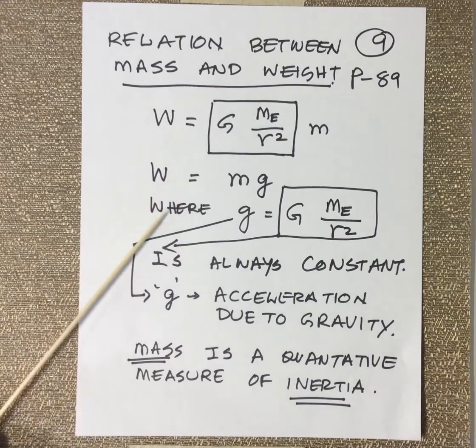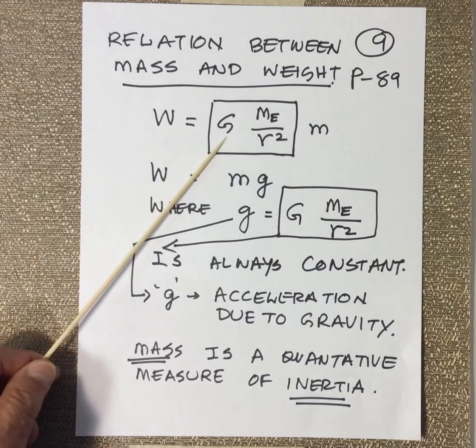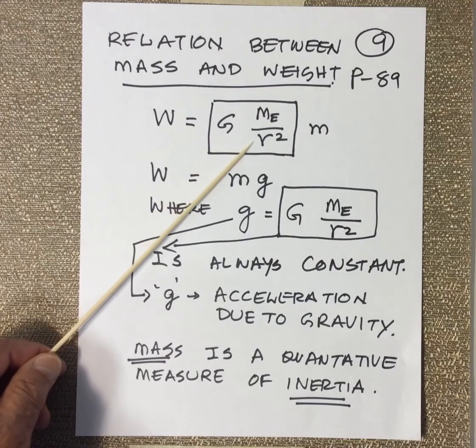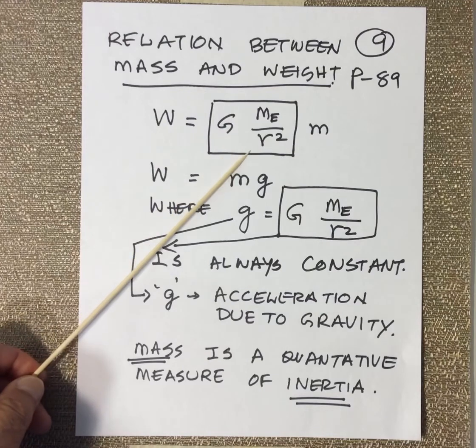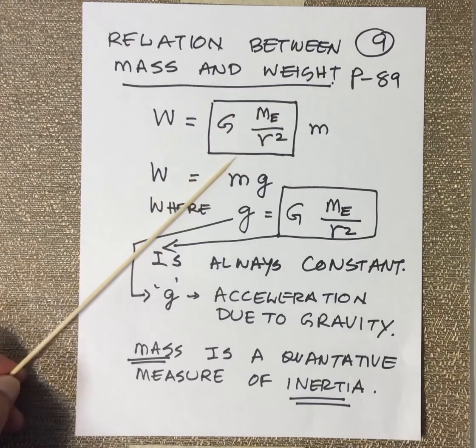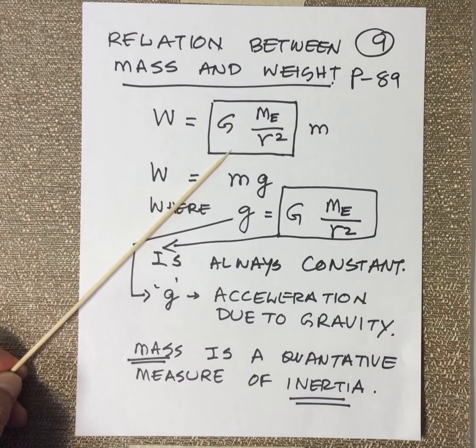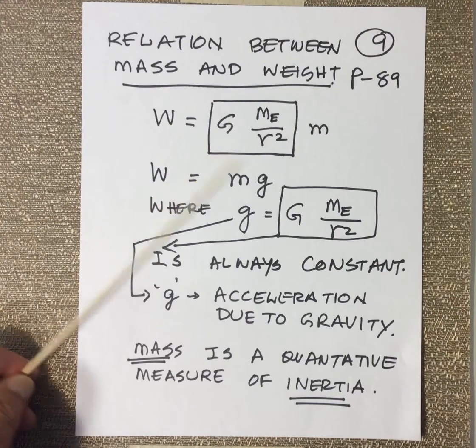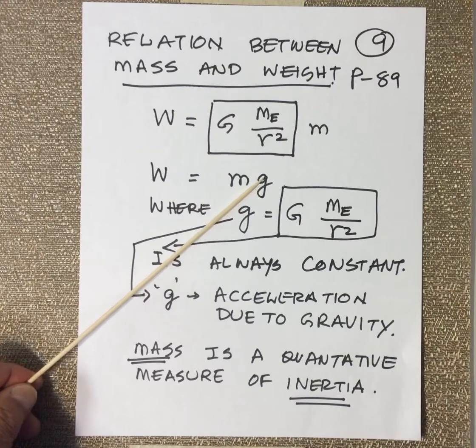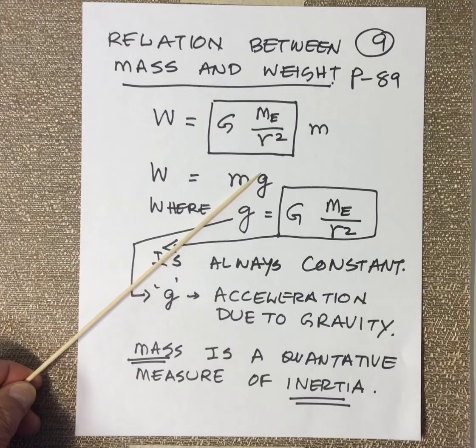See, G is a constant here, and M_e is also constant, r is constant, all three are constant, right? So as they are all constant, we can put them together and write down small g, where g is acceleration due to gravity, which we talked about in free fall in chapter 2.